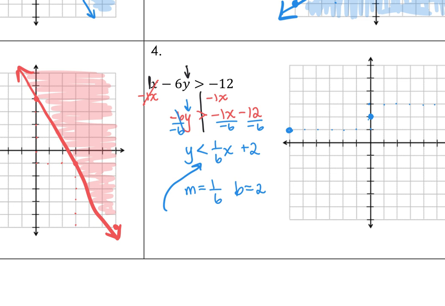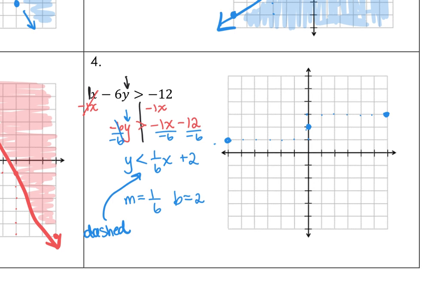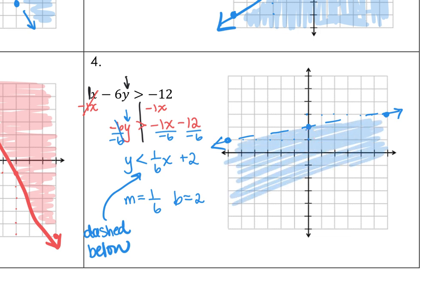Since it's just less than, our boundary line needs to be a dashed line. And since it's less than, we're going to be shading below. So here's my y-intercept. Here's where below my y-intercept would be. So that means I'm shading this entire part of the grid there.